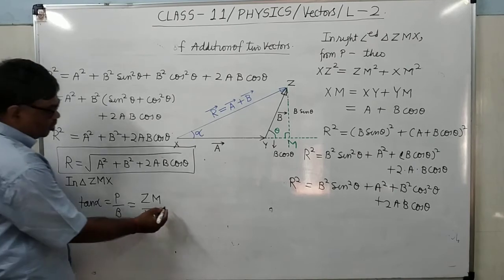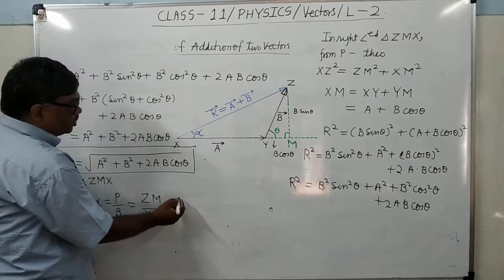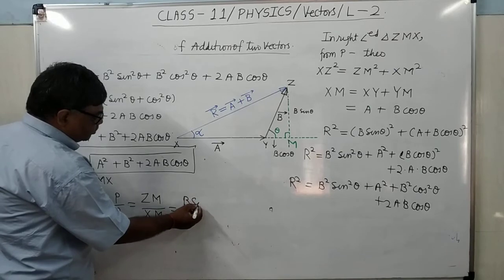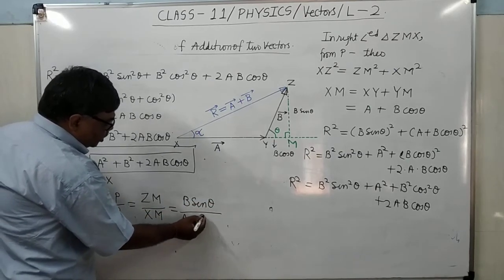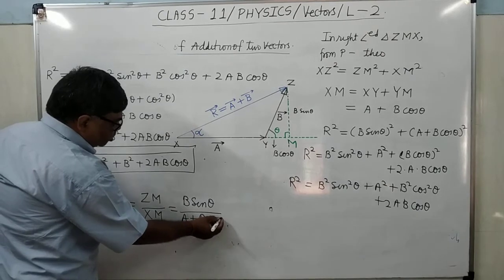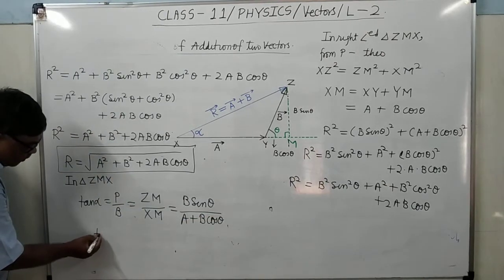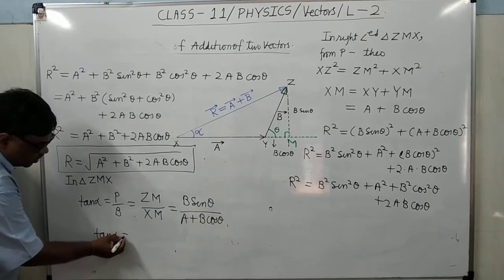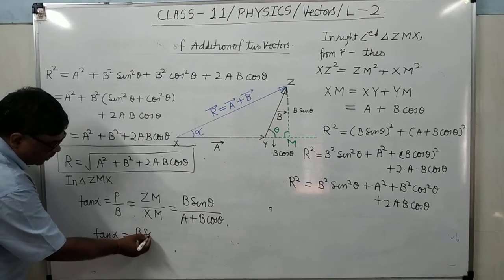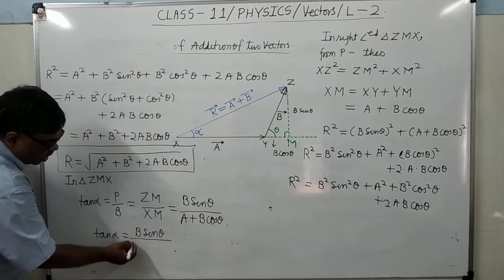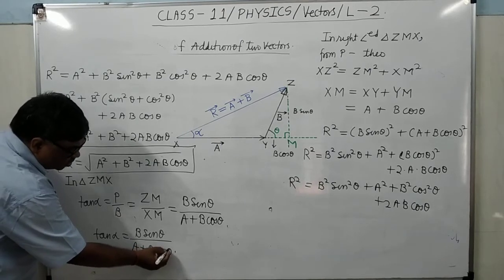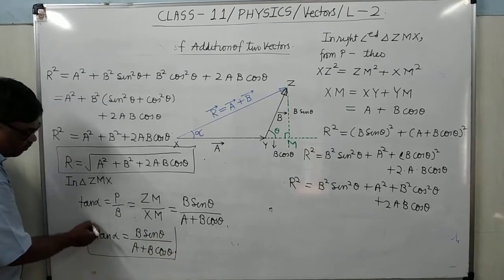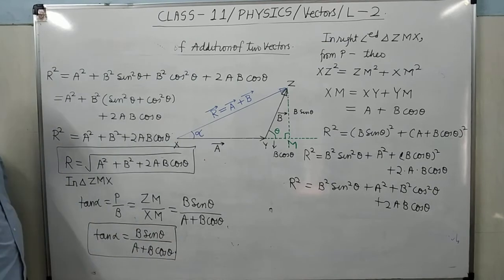ZM is B sin theta. So what will be tan alpha? B sin theta upon A plus B cos theta. This way you can find out the direction of the resultant.